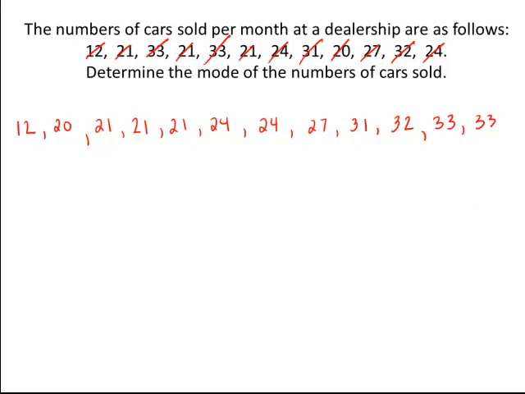Now that they're in order, we can easily pick out the mode, which is 21, because this data value occurred 3 times, the most. So our answer is 21 cars.